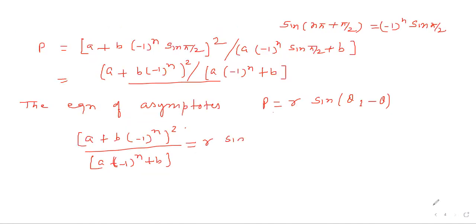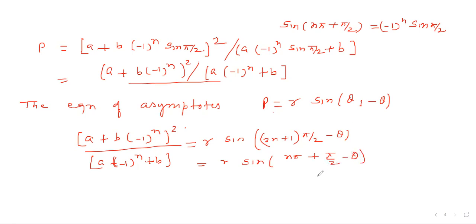So we write this value again. So sine 2n plus 1 pi by 2 minus theta, or, LHS keeping intact, RHS r sine, if we open the bracket, this will become n pi plus pi by 2 minus theta.